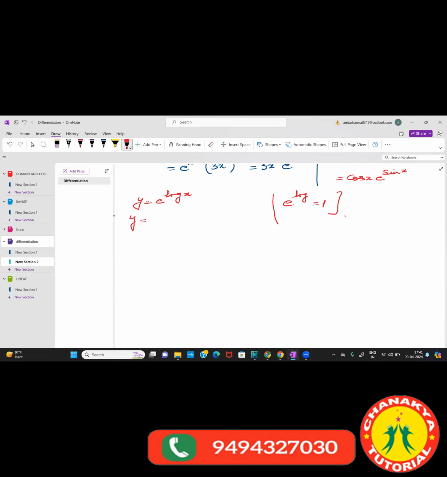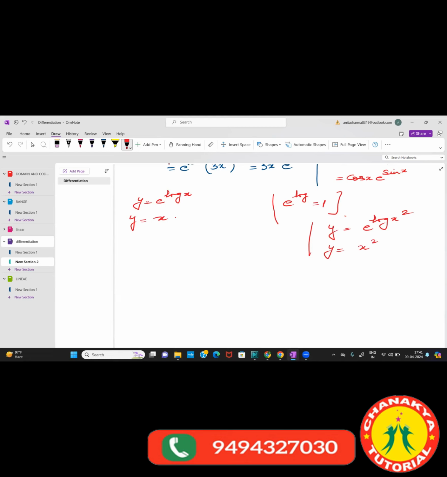Then it will be y is equal to x only. Got it? Suppose I ask you to find the differentiation of e to the power log x square. Then you will write x square. Right, beta?